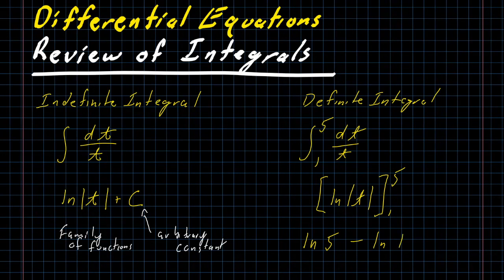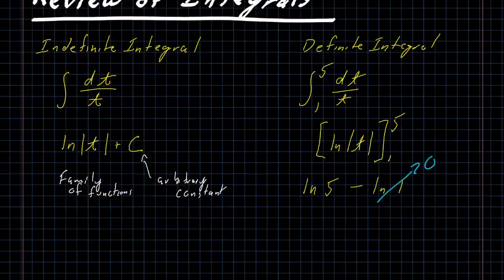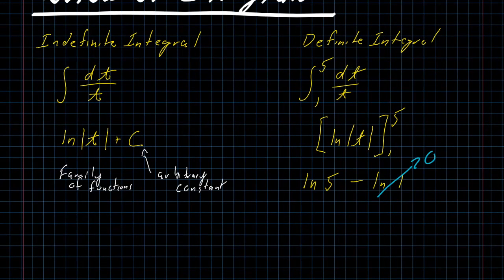You may recall that the natural log of 1 is just 0, and so we get the numerical solution here, natural log of 5. If you really cared, you could grab out your calculator. My calculator is quite happy to tell me that the natural log of 5 is something in the ballpark of 1.609.